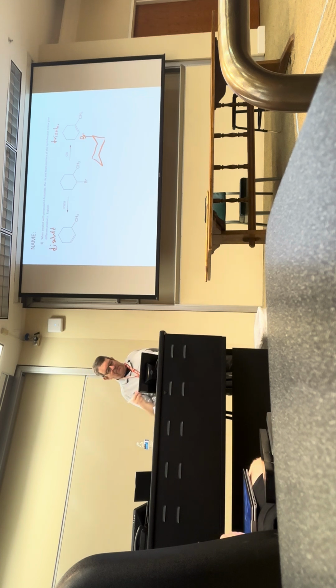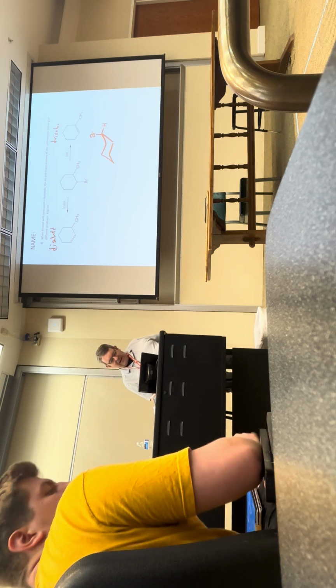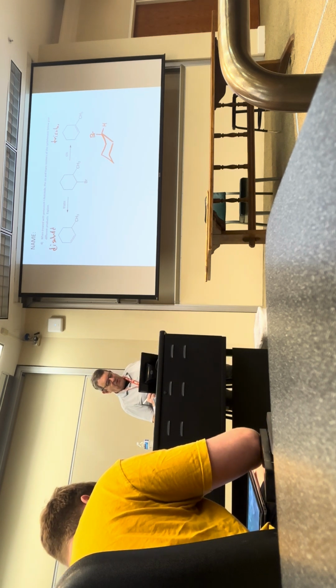So they are both axial, the hydrogen that's being eliminated and the bromine group. So you might as well just draw the bromine in an axial position and then ask are there hydrogens that are also axial.